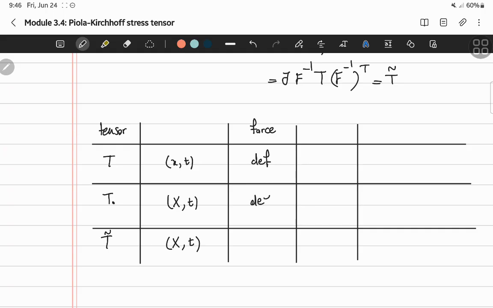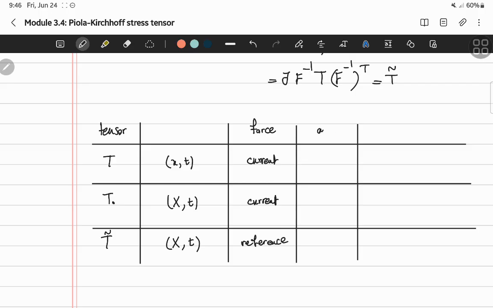This one was also in deformed configuration, and this was a pseudo kind of force in here. So this was in reference configuration. Deform, or let me write current, maybe. Current. And this is reference.